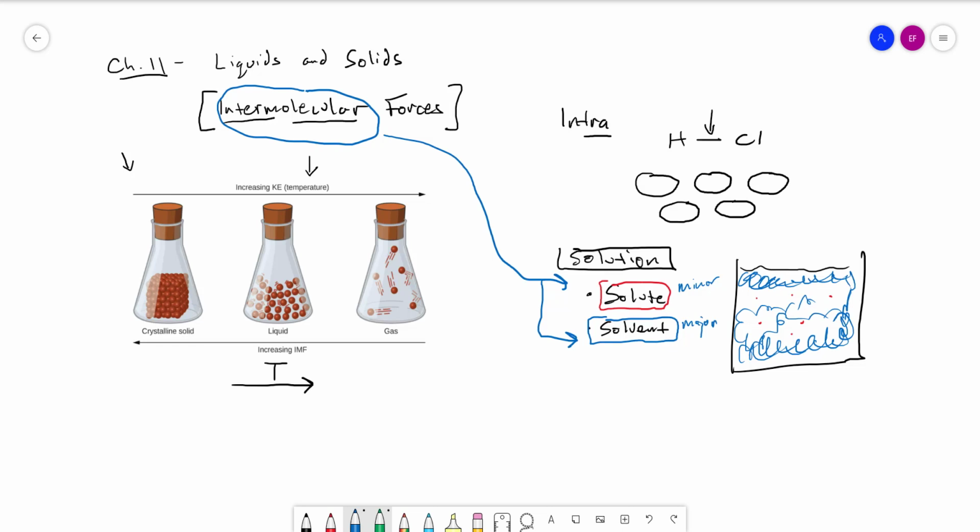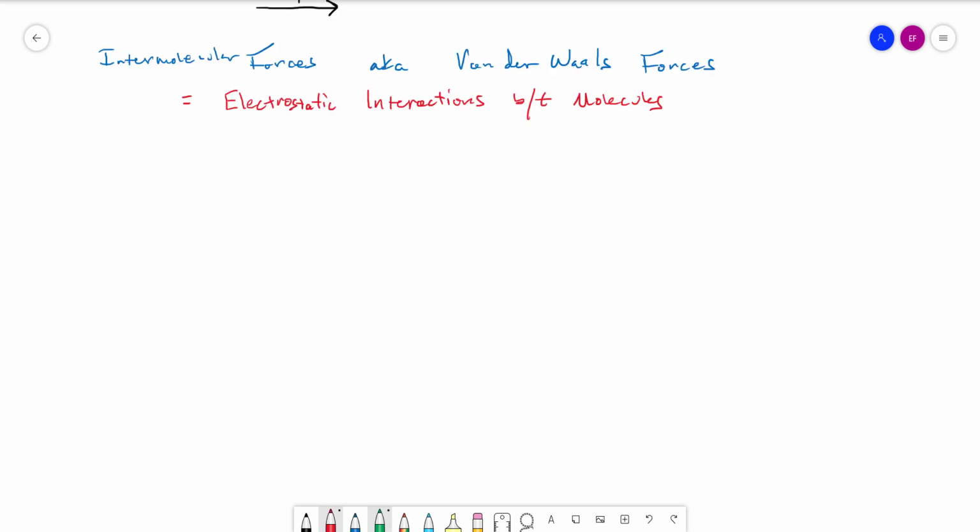So how much of the solute can dissolve in the solvent. This largely impacts things like solubility, which we talked a little bit about, but which you'll jump into more quantitatively in Chem 108. Okay, so intermolecular forces, how do we actually define these?